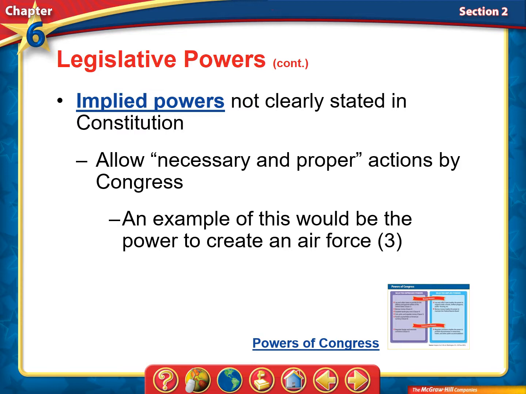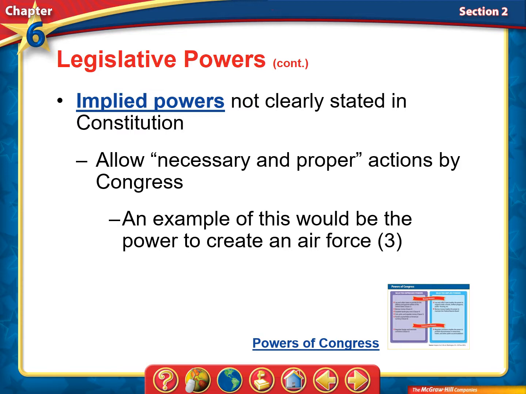When the Constitution was written in 1787, people weren't flying airplanes, were they? Well, when the Wright brothers tested their airplane, within a decade we were dropping bombs out of them on people, true story, and we suddenly needed an Air Force.